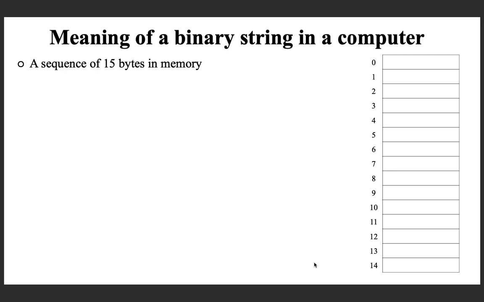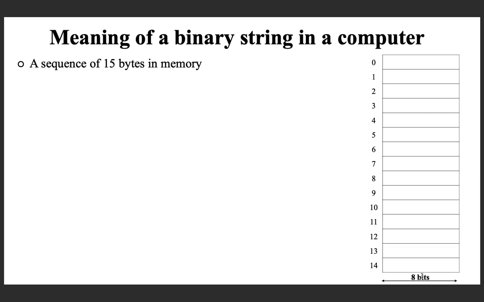Let us start with an example. Consider a very simple memory device in a computer, which is just a sequence of 15 bytes of memory. 1 byte means 8 bits; 8 bits are named a byte.